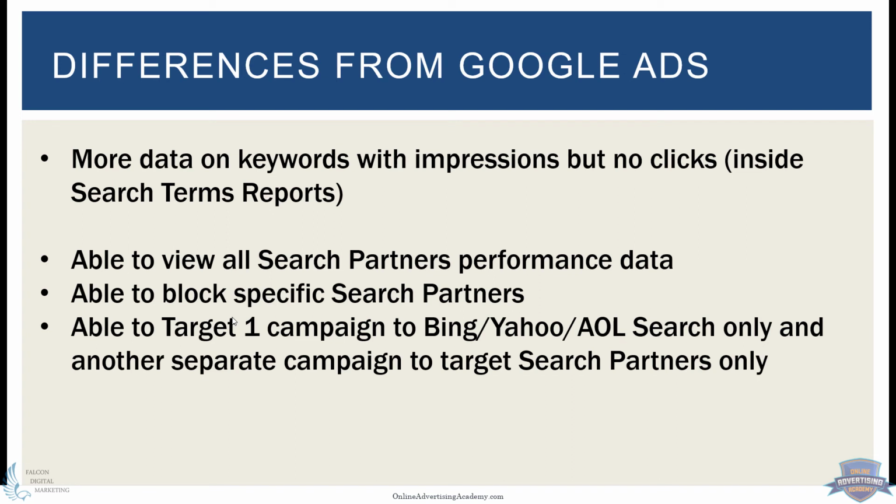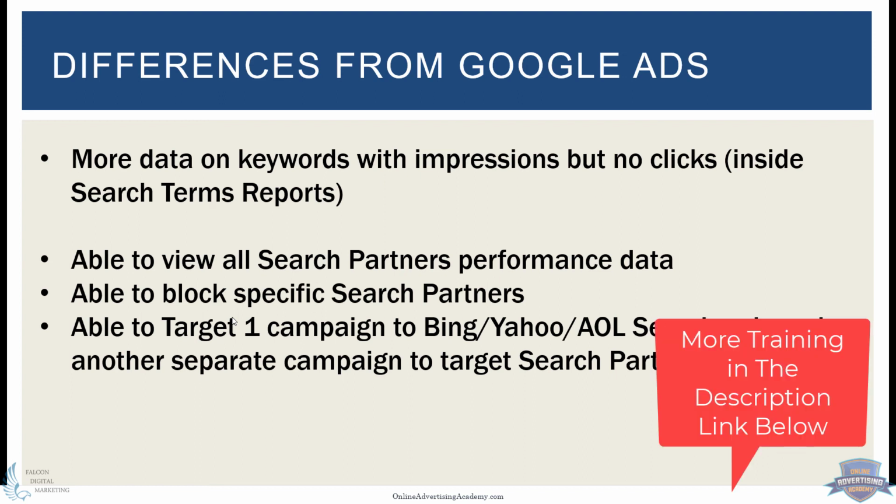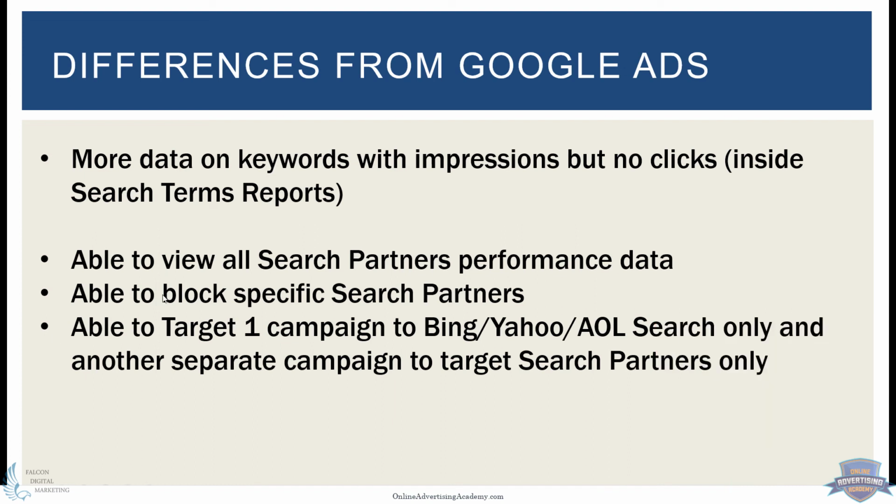Whereas on Google, you either target Google search and search partners or just Google search. There's not a way to do a campaign that's search partners only. So that's a unique option. Search partners are typically even cheaper than Bing, Yahoo, and AOL, so that's a good strategy to split it up. There's a lot more data, and you can get more granular with targeting the search partners.